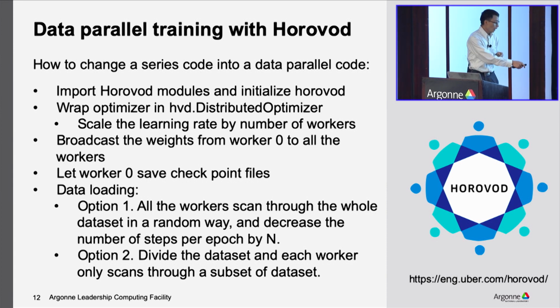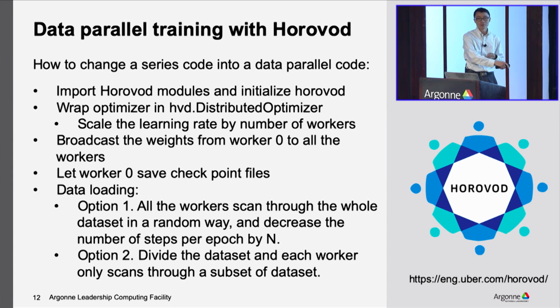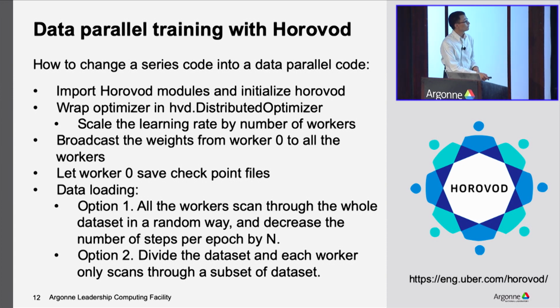And personally, I prefer the second one. There are reasons, and also it's easier to deal with the I/O part. But as far as I know, both ways work. They will have very similar accuracy. It won't degrade the performance very much.